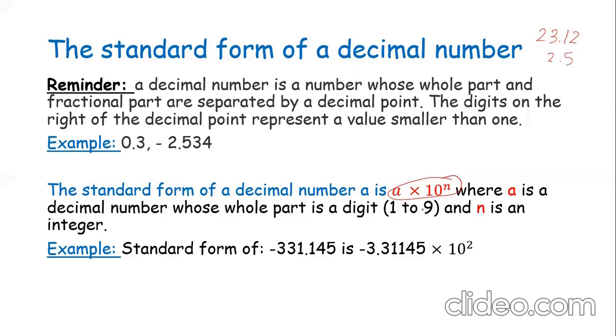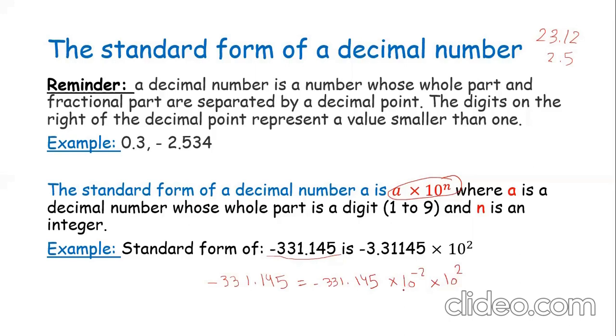So how do we get this number from the number we have here? We have to leave only 3 on the left side of the decimal point. For this reason, we can write minus 331.145 is equal to minus 331.145 multiplied by 10 to the power of minus 2 multiplied by 10 to the power of 2.